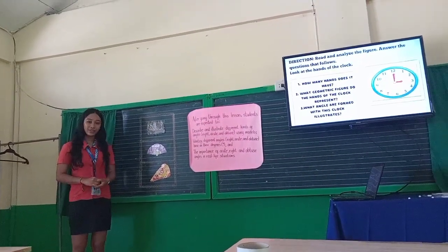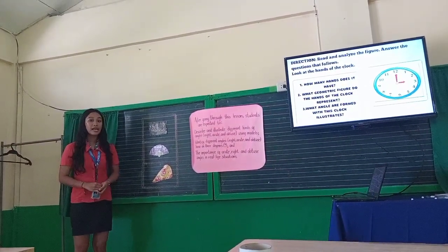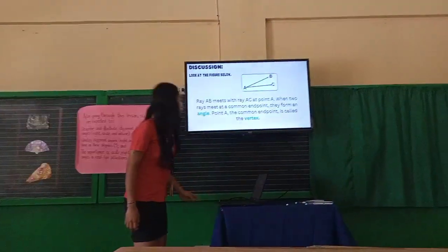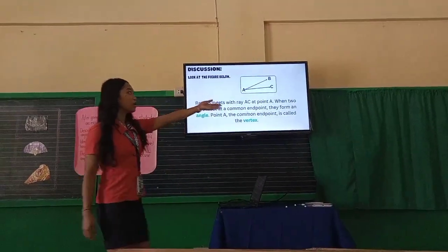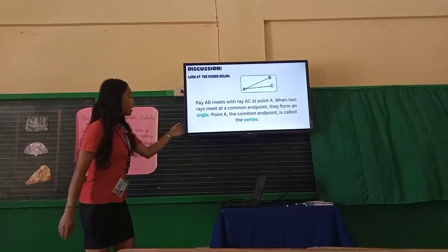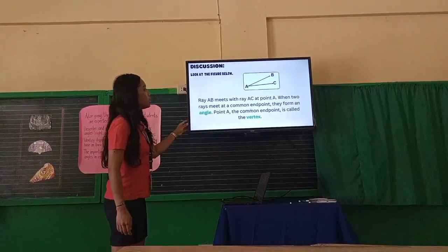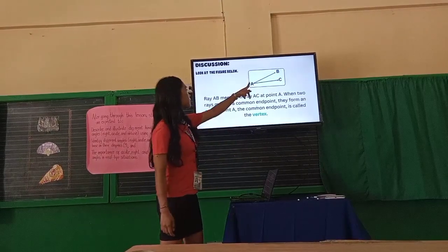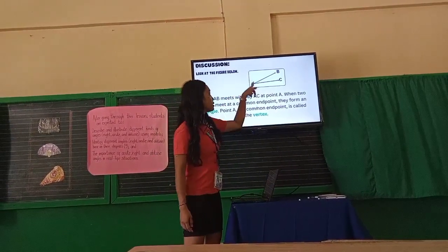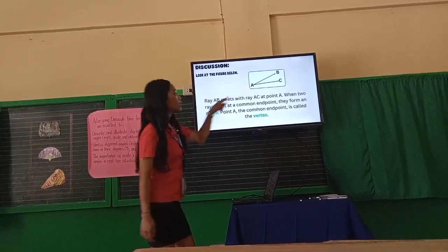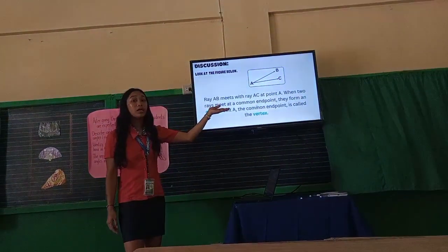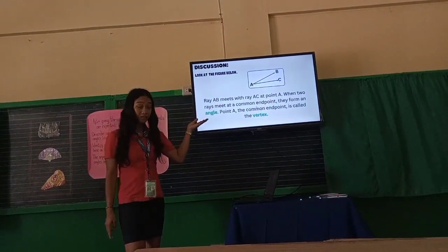Very good, class. To have a further understanding about our lesson for today, let us proceed to our discussion. Okay, look at the figure below. Ray AB meets ray AC at the point A. This is the ray AB, which meets with ray AC at the point A. When two rays meet at a common endpoint, they form an angle.